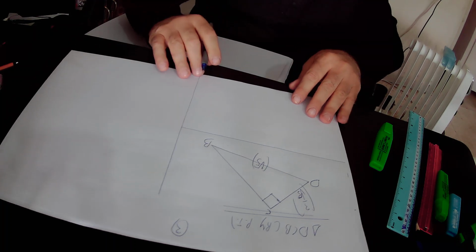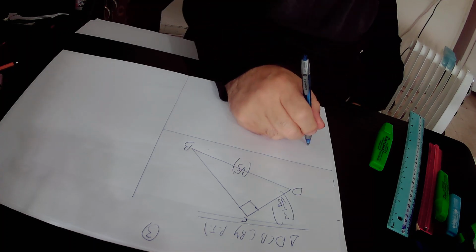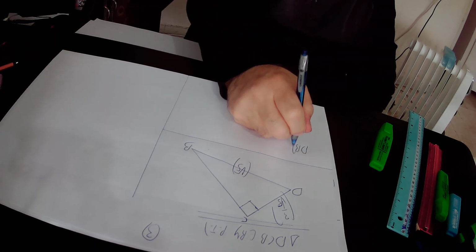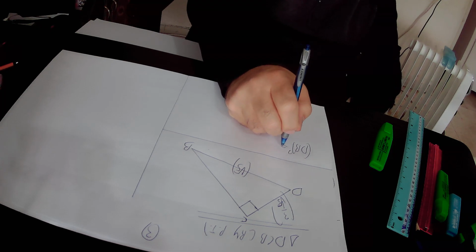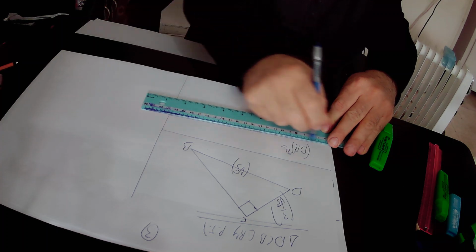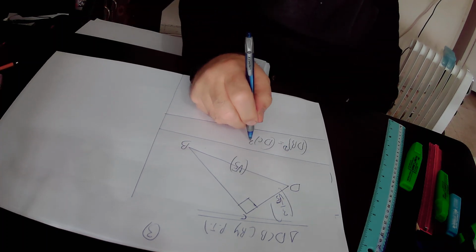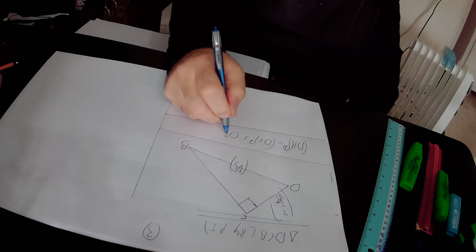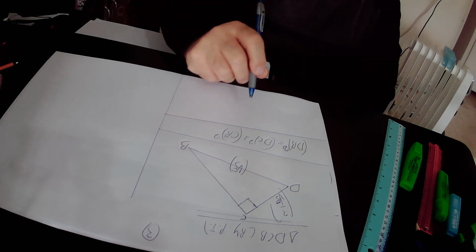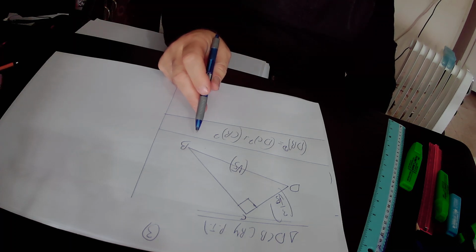So according to the Pythagoras theorem, in this right triangle DCB, DB squared, the square of the hypotenuse, must be equal to DC squared plus CB squared.